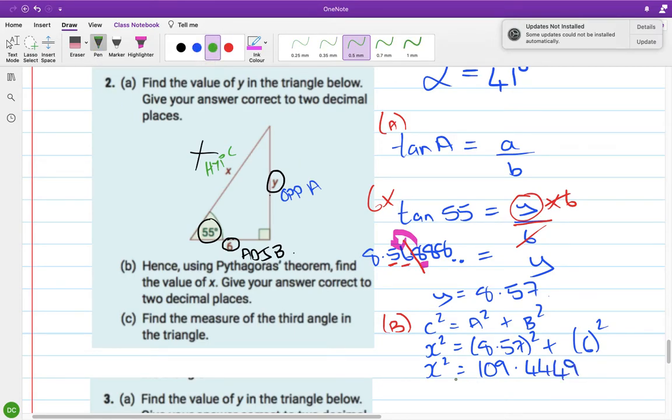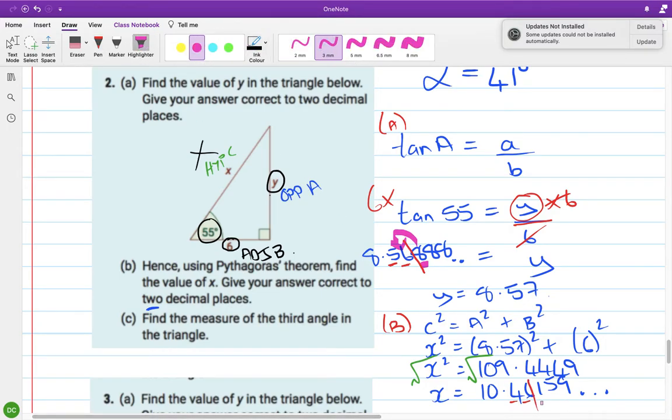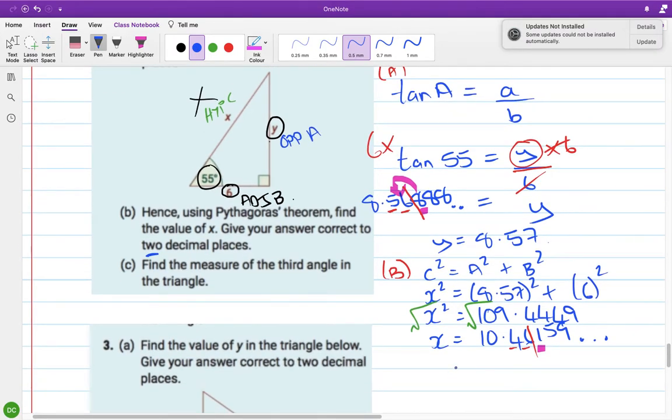And then take the square roots here and here, and we get x equals, square root of my answer is 10.46159, and it goes on. Again, it's 2 decimal places, so 1, 2, and stop. Look to the next number. Is it big enough? No, it's not. So x is going to be 10.46.